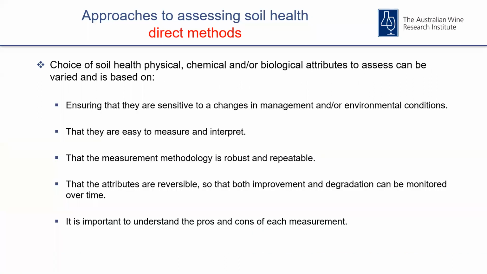Okay, moving on to the more analytical approach to measuring some of these different physical, chemical and biological attributes. The choice of those depends on ensuring that they're sensitive to changes in management and or environmental conditions, that they're easy to measure and interpret, that the measurement technology is robust and repeatable, and, as I'll come to after we talk about the actual attributes, that the attributes are reversible so that both improvement and degradation across time can be monitored.